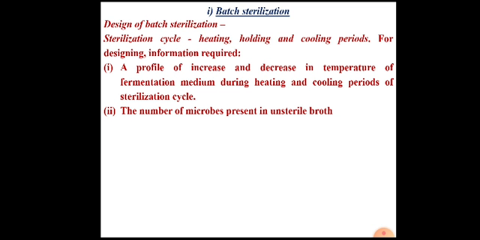The second is the number of microbes present in the unsterile broth, that means the value of N0, the initial number of microbes present in the unsterile broth. And the third one is the normal death characteristics of the design organism. Like we have seen in the last lecture, the design organism is the most heat resistant contaminant of the fermentation system, for example, in most cases Bacillus stearothermophilus.